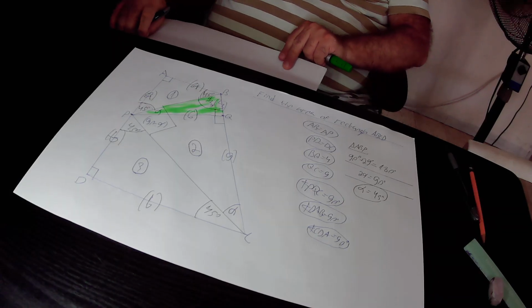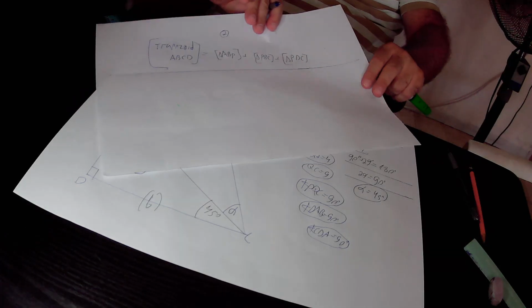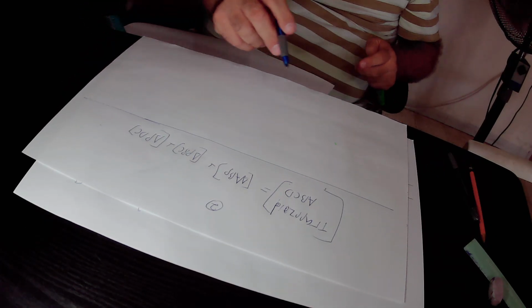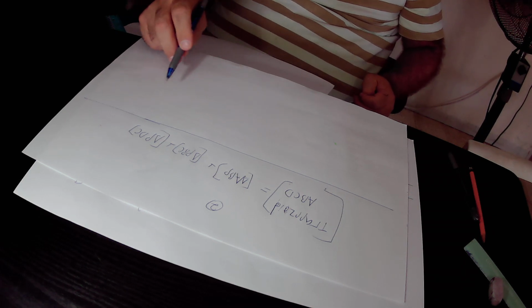So if we repeat it again, we shall find out that the area of trapezoid ABCD is equal to the sum of the areas of the three components that trapezoid ABCD consists of.